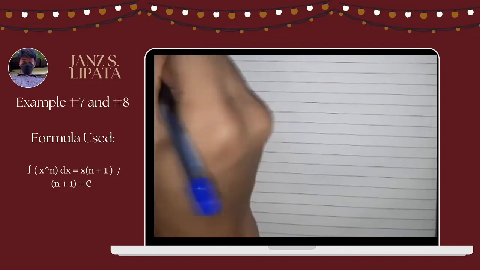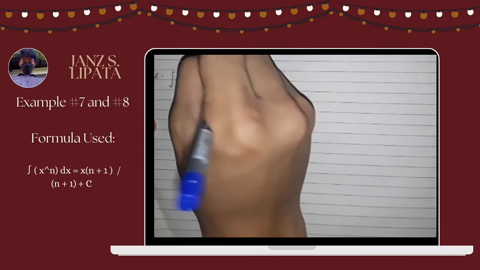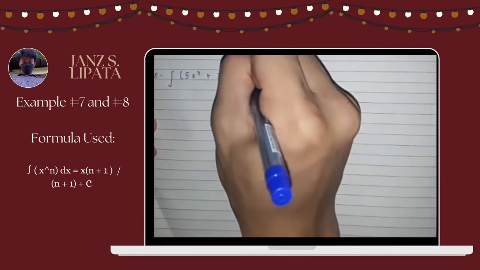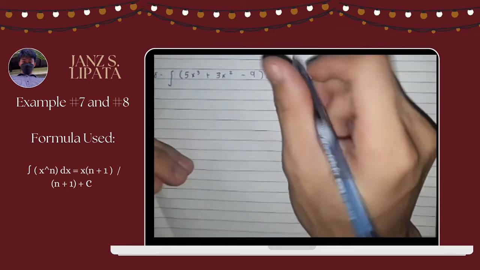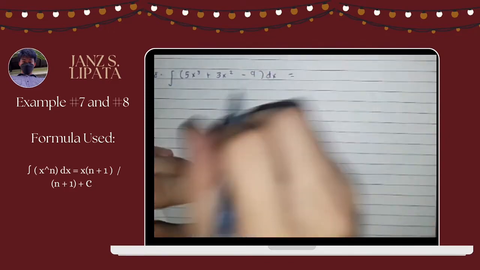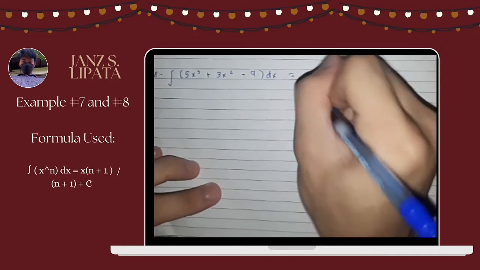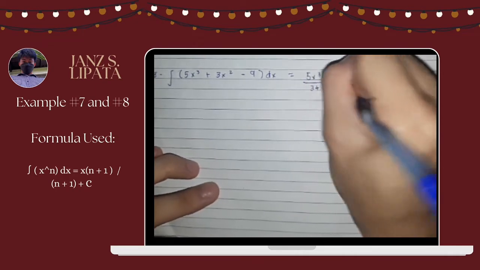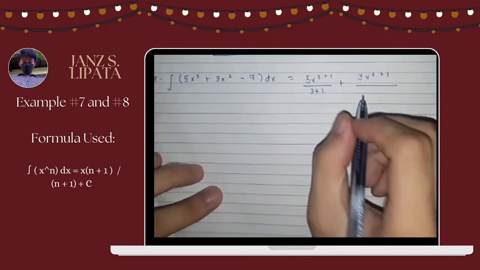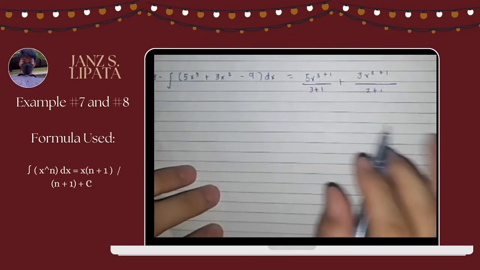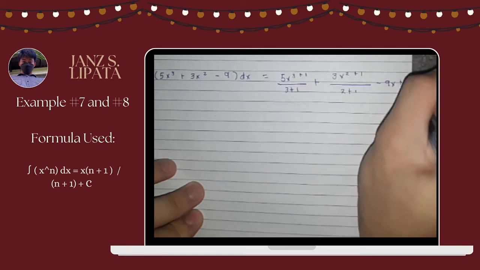And then in number 8 I have the given integral of 5x cubed plus 3x squared minus 9 dx, and I'm going to use the power rule too. We copy the 5x cubed, then add plus 1 over the copied 3 plus 1, plus the 3x squared, then plus 1 over the copied 2 plus 1, and then for negative 9x it's just negative 9x plus c.